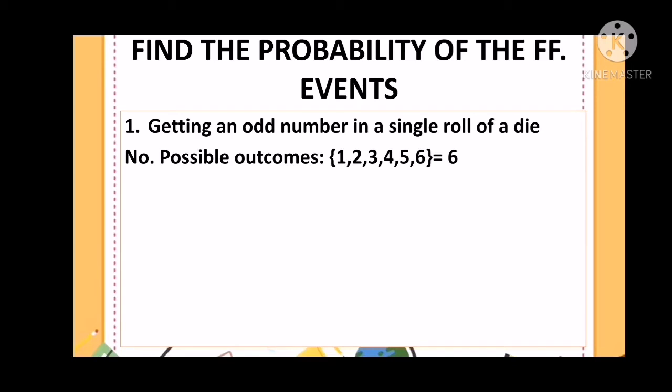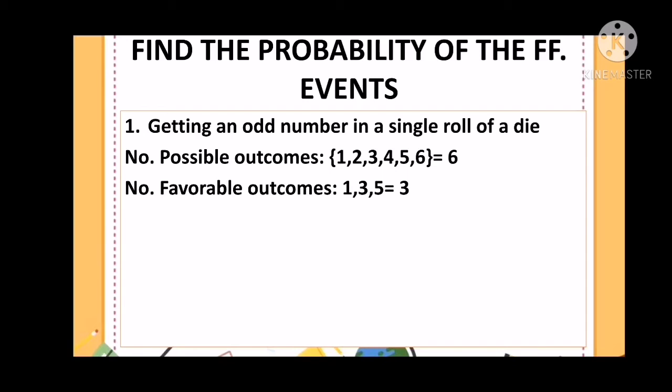So total, ang number of possible outcomes niya ay 6. And then the number of favorable outcomes: since the condition is odd number, just list down all the odd numbers. We have 1, 3, and 5. So total niya ay 3.